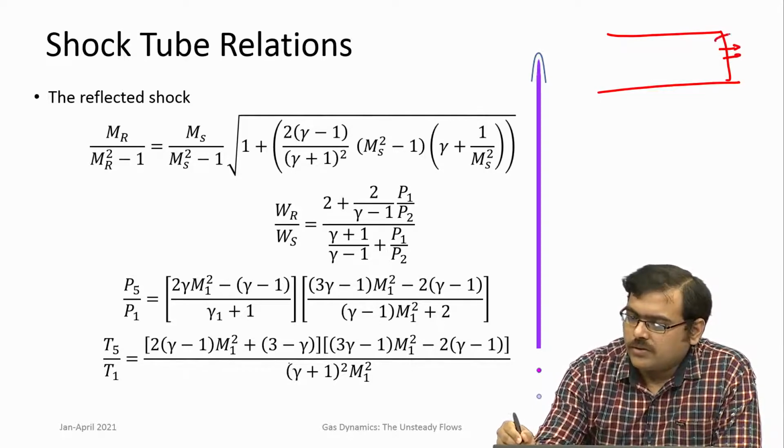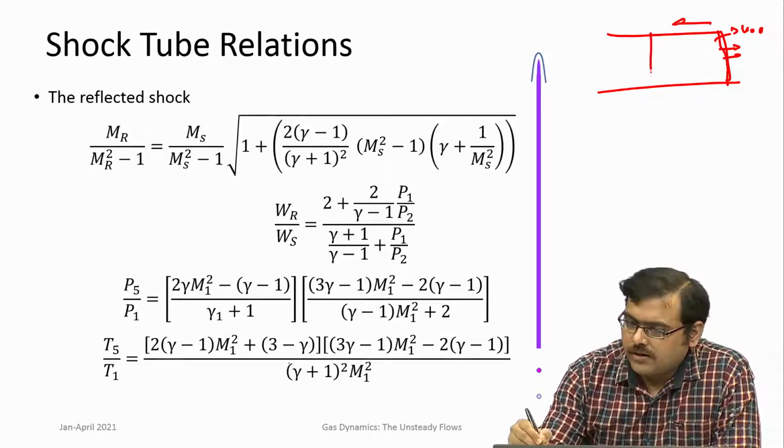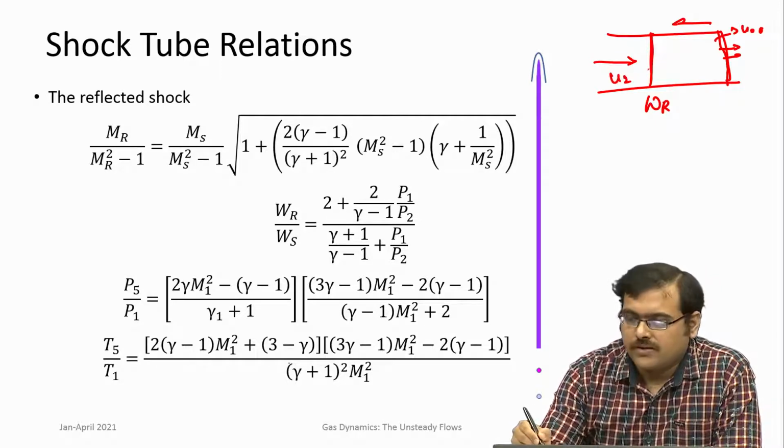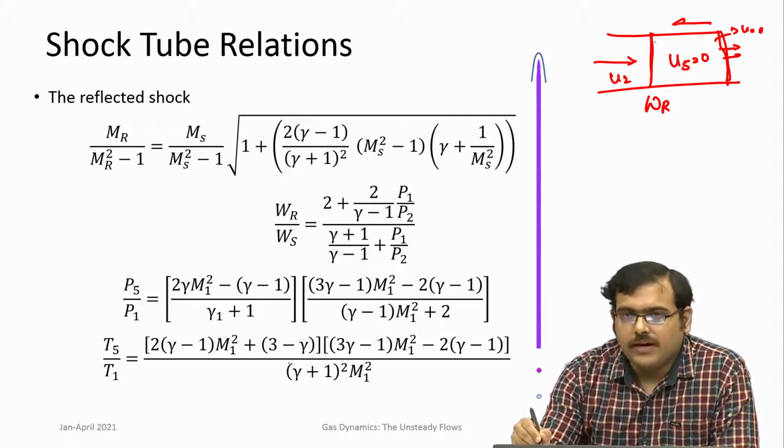So u has to go to 0 immediately when the shock comes and hits the end wall, and this is accomplished by a reflected shock, WR, where U2 is what is coming into the reflected shock and U5 is 0.